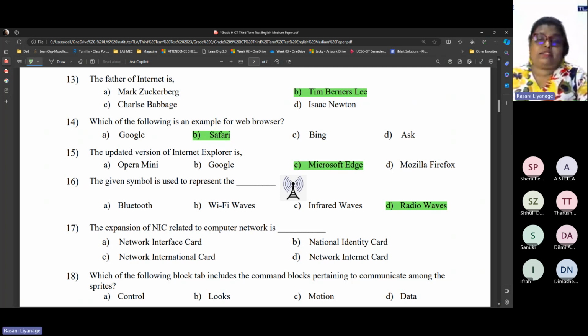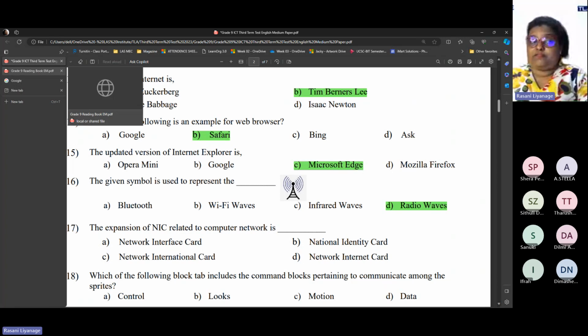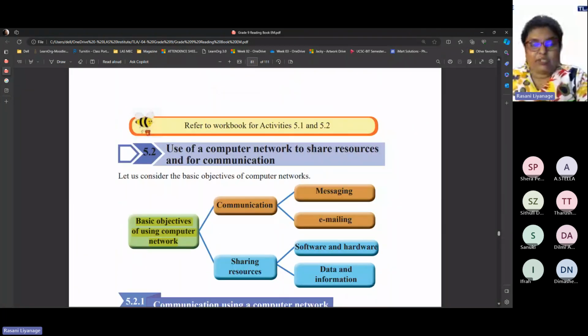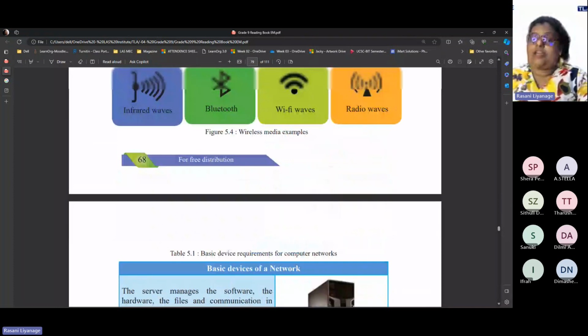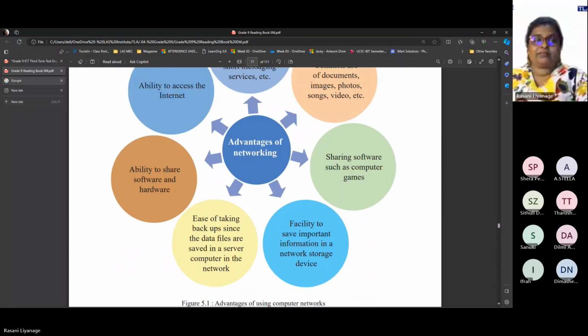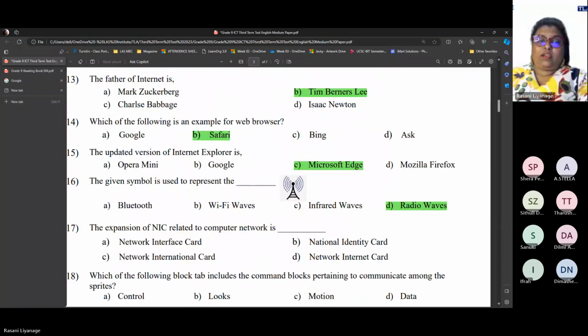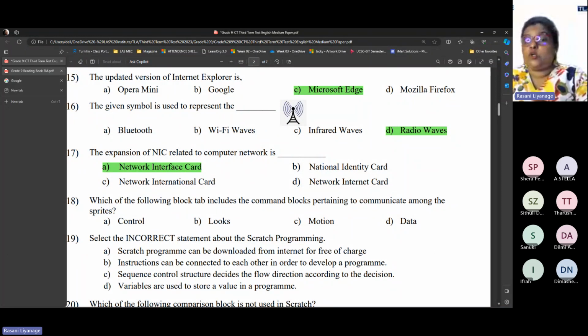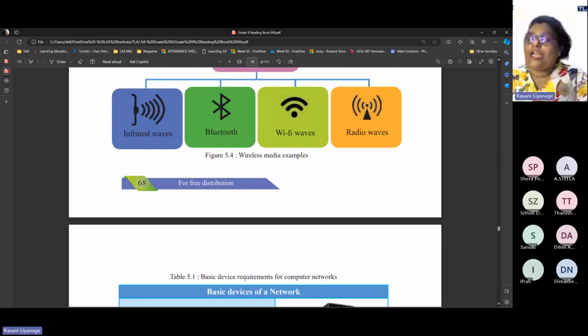Expansion of NIC, that is network interface card. That is the most essential component when we connect our computers to the internet or any other network.